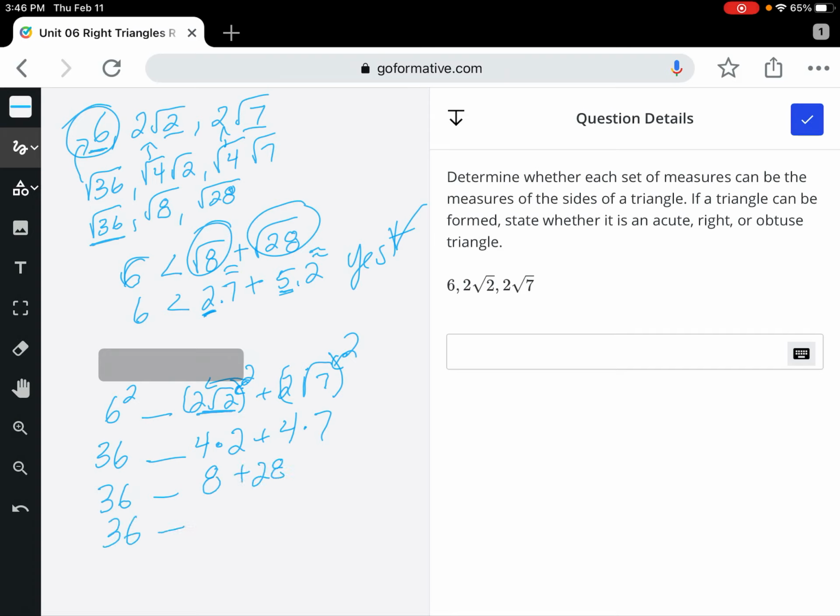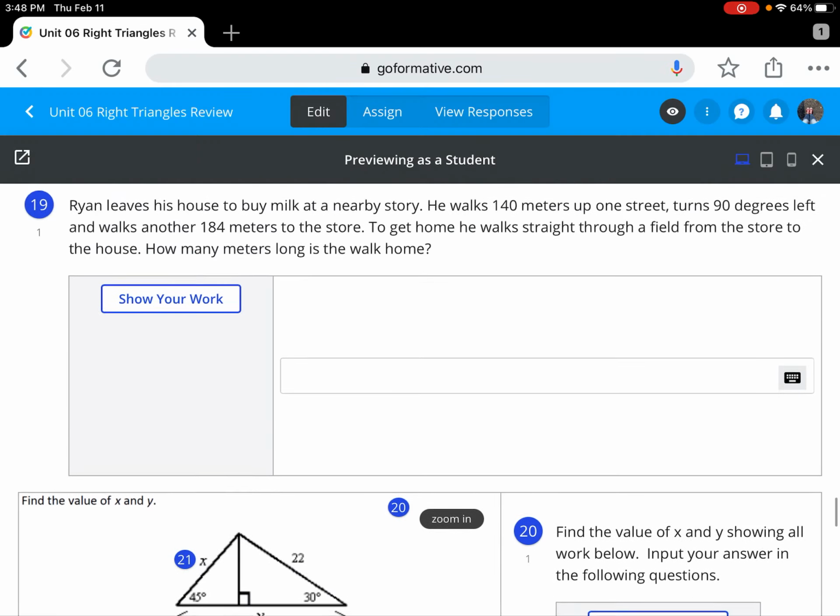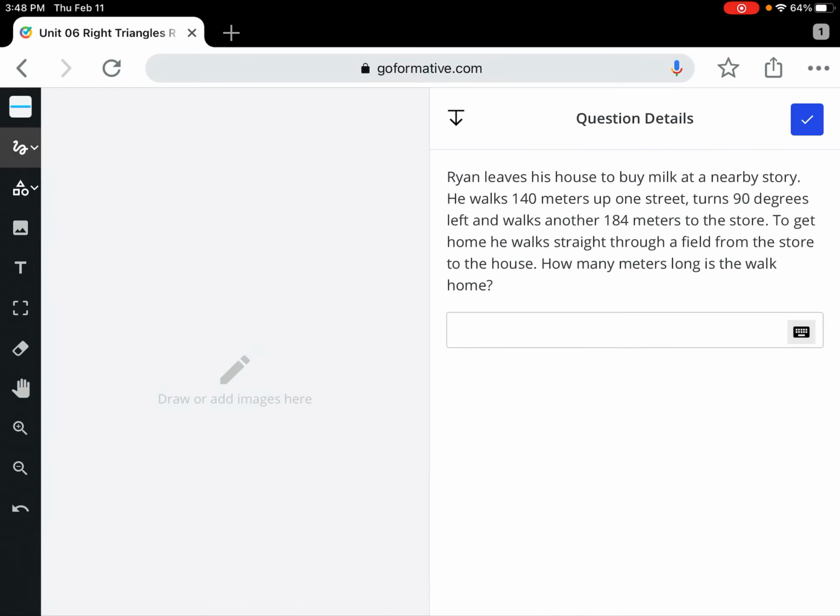And so 36 is what? 4 times 2 is 8, plus 28. 36 is equal to 36, so it's the right triangle. All right.